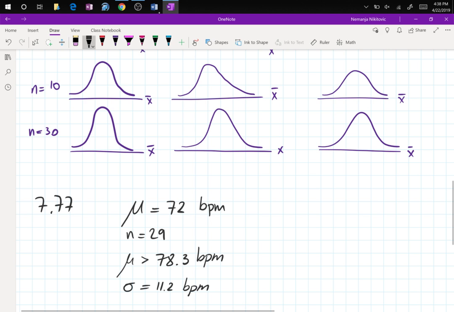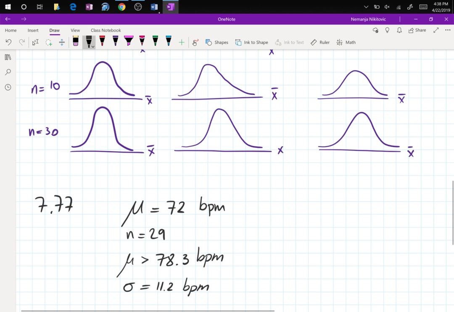Great. So they want us to find the probability, right? So what do we have? We have the mean and we have the standard deviation. They want us to figure out the probability of having a mean larger than 78.3.